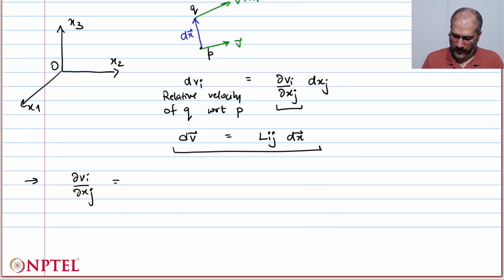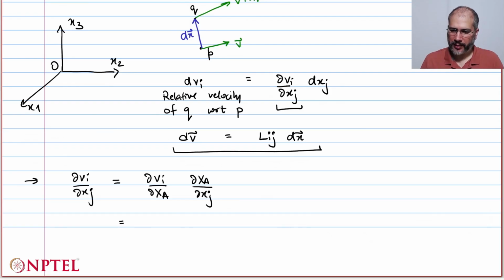So the velocity gradient tensor can be written as del Vi upon del capital XA times del capital XA upon del small xj. Now we are bringing the material coordinates here to be able to link these quantities to the quantities that we have defined for solids. However, there is no general relevance of the material coordinates in this situation.